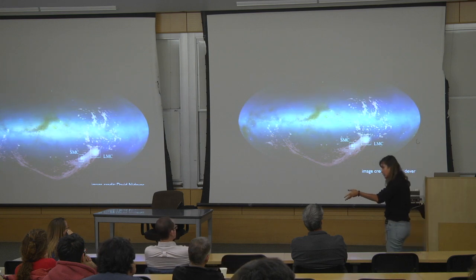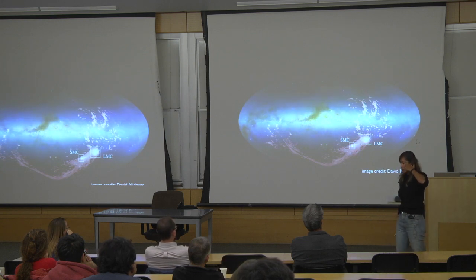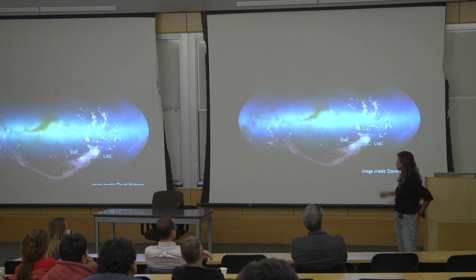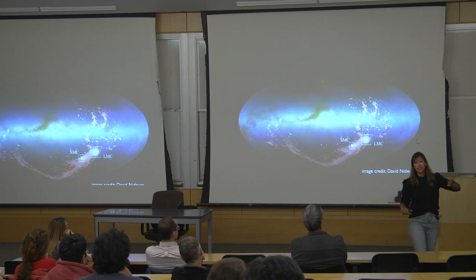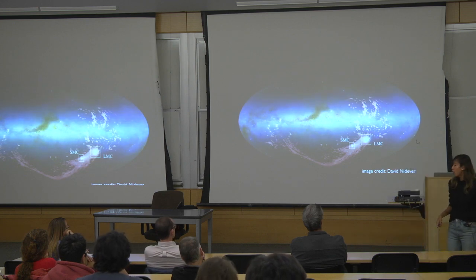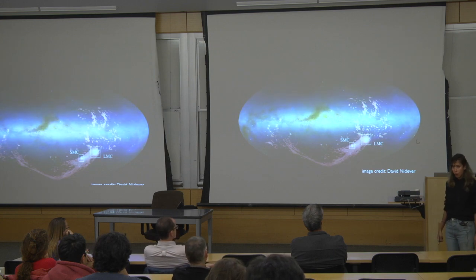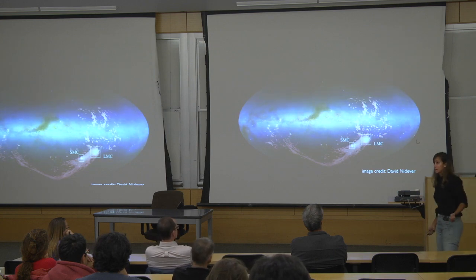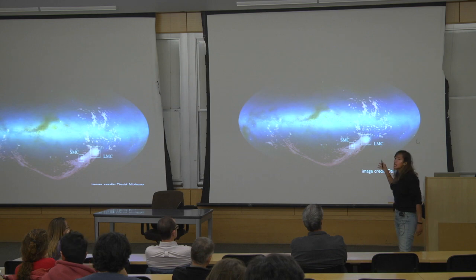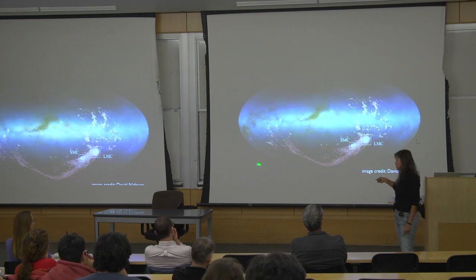And as Laura mentioned, this led to a fairly surprising result, which I'm not actually going to talk about today, which is that they actually appear to be coming in for the first time. It's not likely that they've actually orbited the galaxy before. So that makes it basically impossible for the Milky Way to be the culprit of this stream.